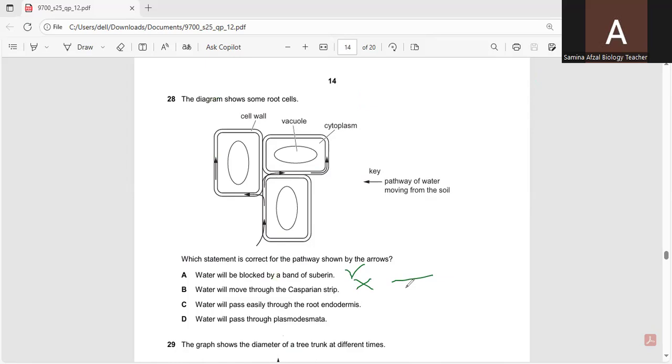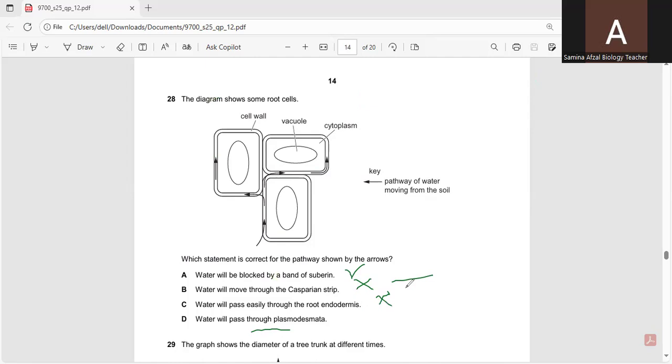Water will pass easily through the root endodermis. This is a general statement. It does not describe the specific pathway which has been shown in the diagram. So according to this, it cannot be. The water will pass through plasmodesmata. Water has not been shown moving through plasmodesmata.